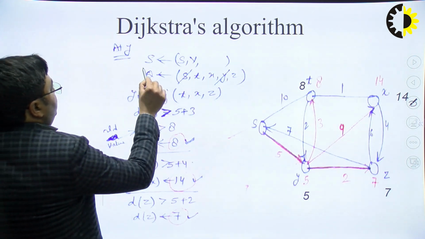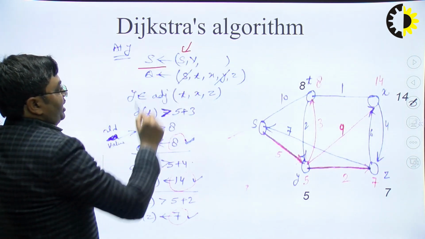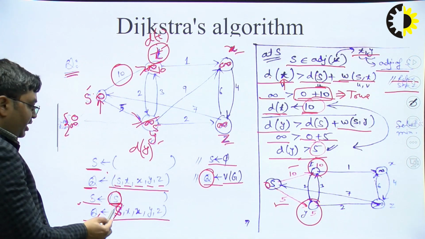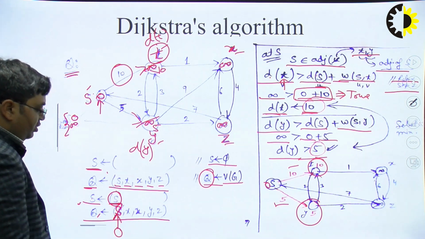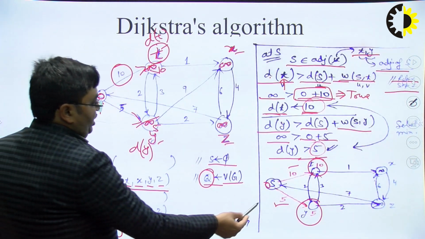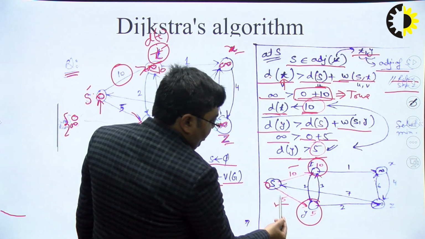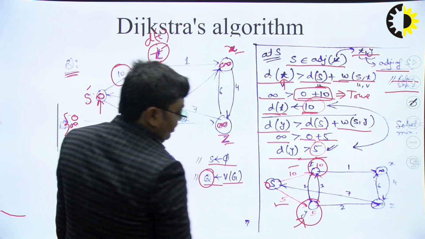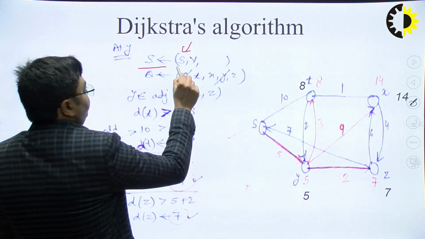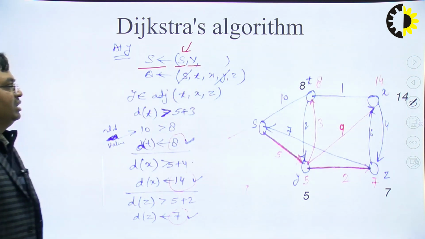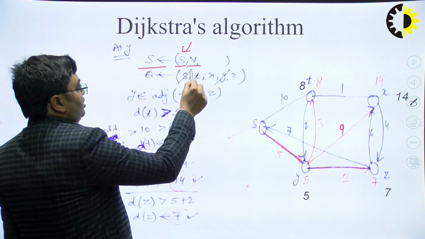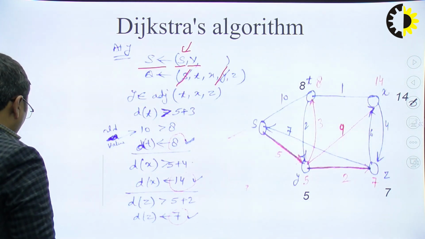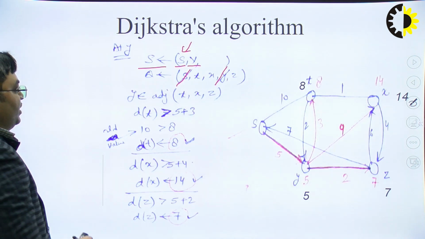In the S set there was only s, at distance 0, and we chose the y node at distance 5. Then y is also covered in set S, so s and y are now in set S, and t, x and z are yet to be covered.